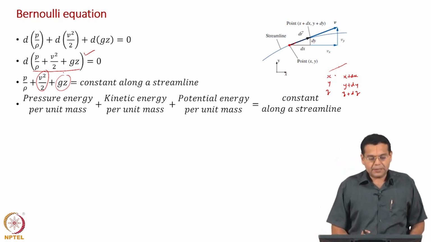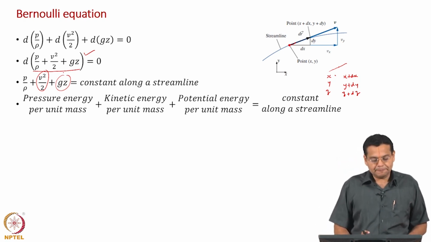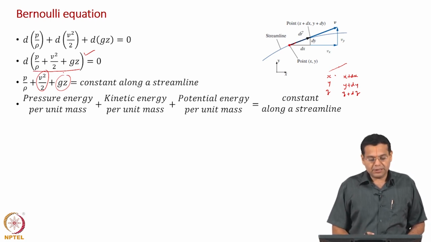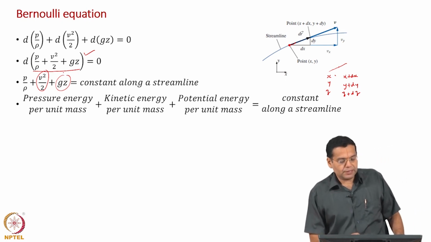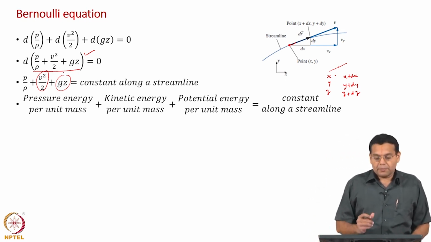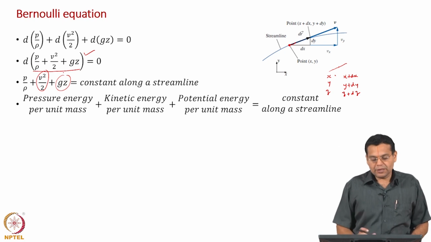This pressure energy represents the work done by the pressure force in moving the fluid through a distance. It is also called flow energy. You can call it either pressure energy or flow energy, because that represents the work done by the pressure in moving fluid over a distance.